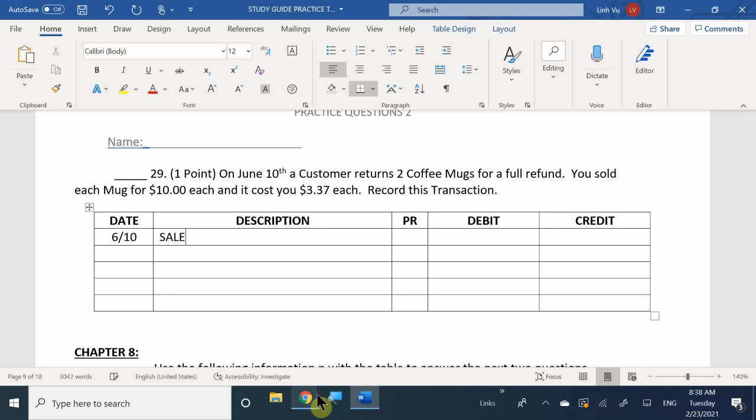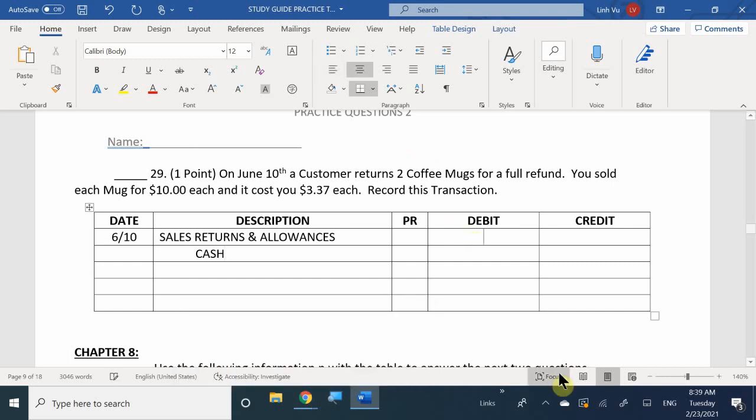Good. Sales returns and allowances, because it's a contra account. You can never undo the sales account; you have to create a contra account for it. What's my credit going to be? Cash. Yes, we have to give them back the cash.